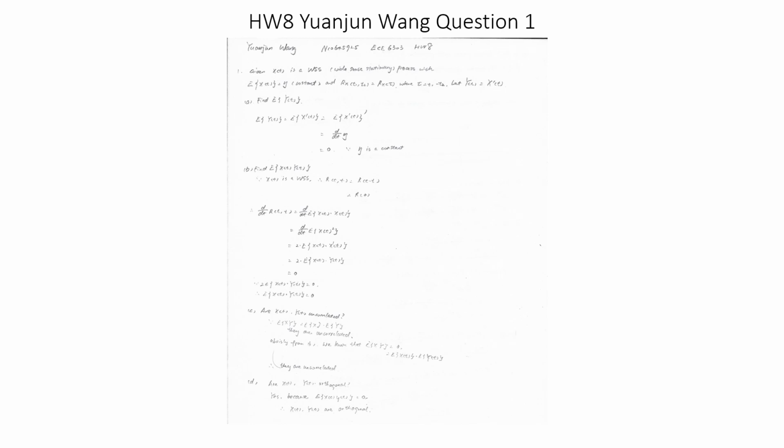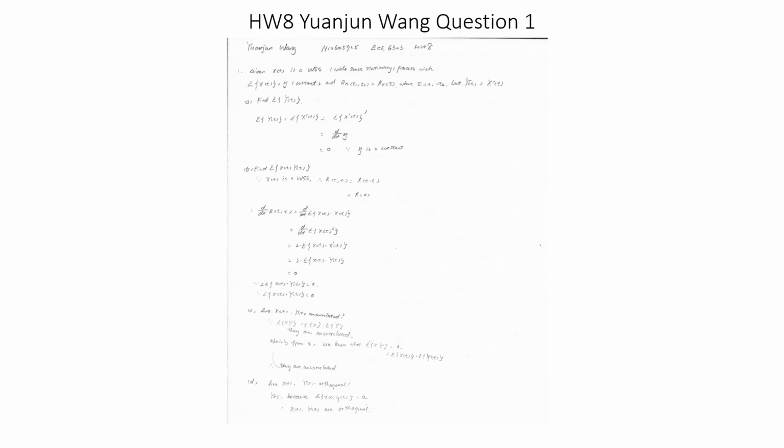B, find the E of x of t times y of t. So we know that x of t is WSS. Because of that, R of t, t is going to be equal to R of t minus t, which is equal to R of 0. So the derivative of R of t, t is going to be equal to the derivative of the E of x of t times x of t.